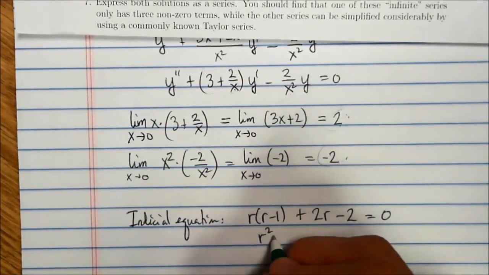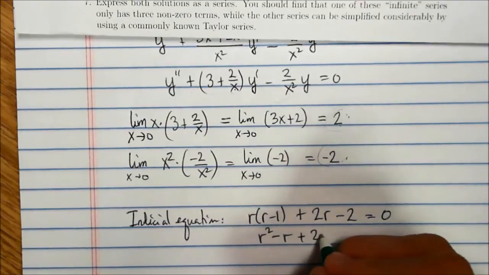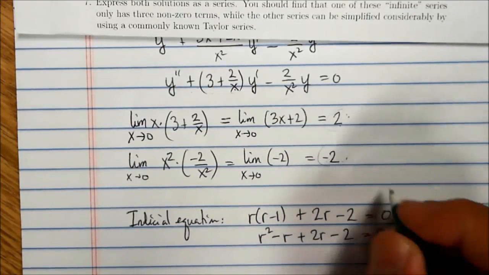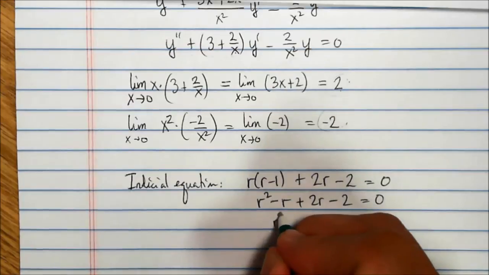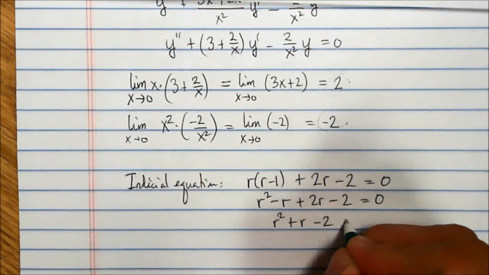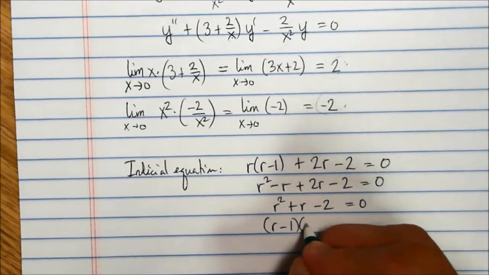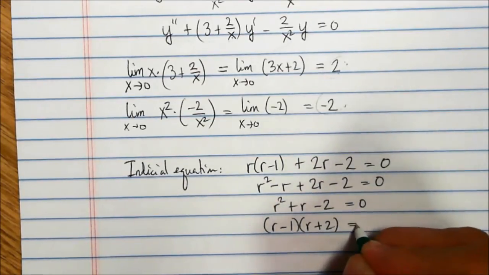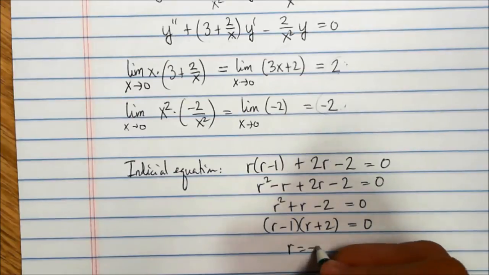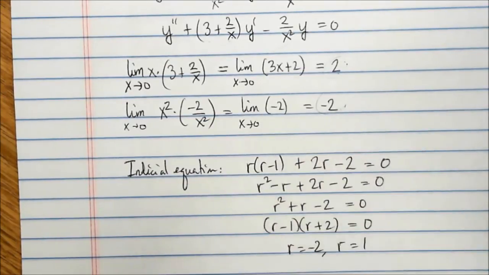So I get r squared minus r plus 2r minus 2 equals 0. That gives r squared plus r minus 2 equals 0. So this factors as (r minus 1) times (r plus 2) equals 0. So I have two roots, r equals negative 2 and r equals 1.